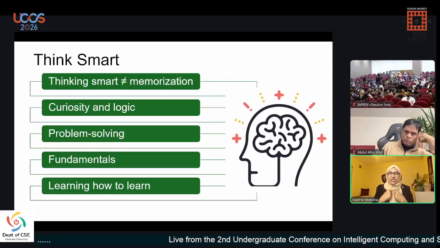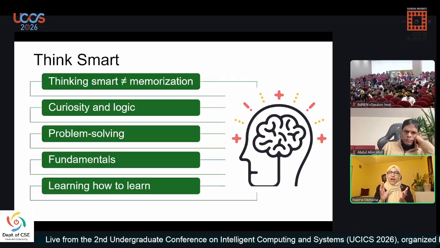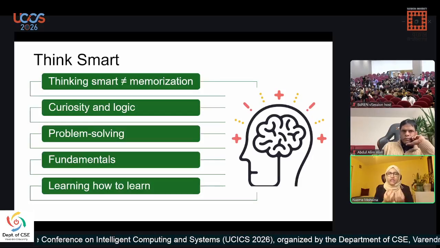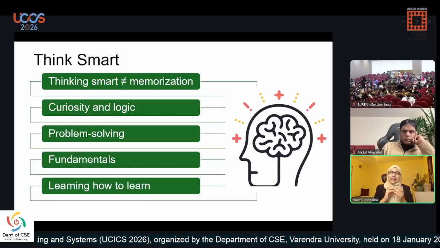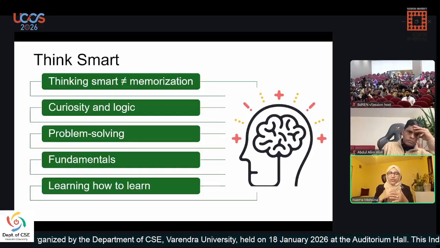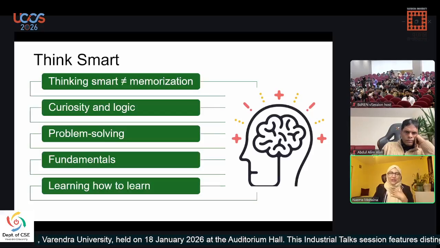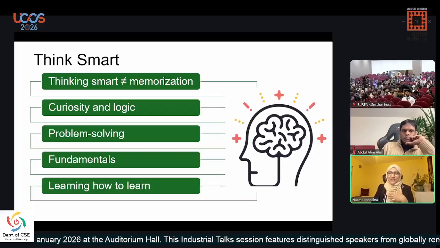Being smart is not about memorizing solutions. It's about learning how to think deeply and adapt with intention. Smart thinkers understand that clarity comes before complexity, and they ask the right questions. Don't be shy to ask questions. I also came from Bangladesh, so I had that fear of asking questions.